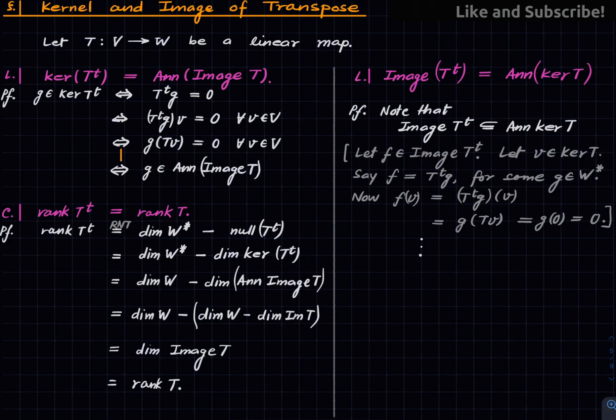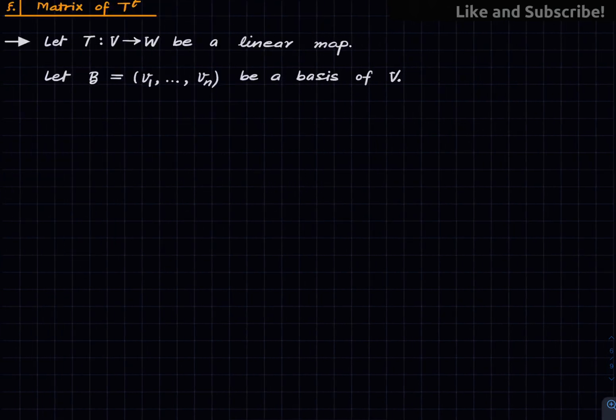Okay, so let's continue. So now we will talk about the matrix of T transpose. So again, we have a linear map from a vector space V to a vector space W, and fix a basis capital B for the vector space V, and fix a basis C for W. Once these two bases are fixed, one can form the matrix of T, and to form the matrix of the transpose, we may take dual bases.